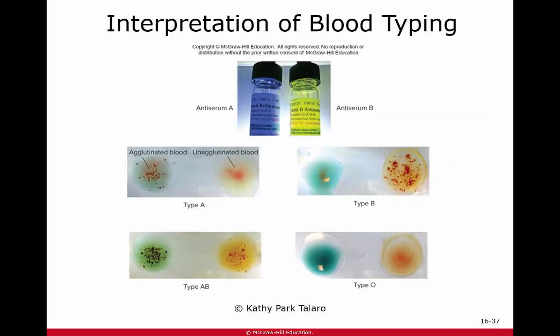Now, these transfusion reactions, you can see here we've used the antiserums, type A blood there. We can recognize that because it agglutinated in type A, and so it's type A blood. B agglutinated in B, so it's type B. AB agglutinated in both of them, and O has no antigen, so it doesn't agglutinate at all.